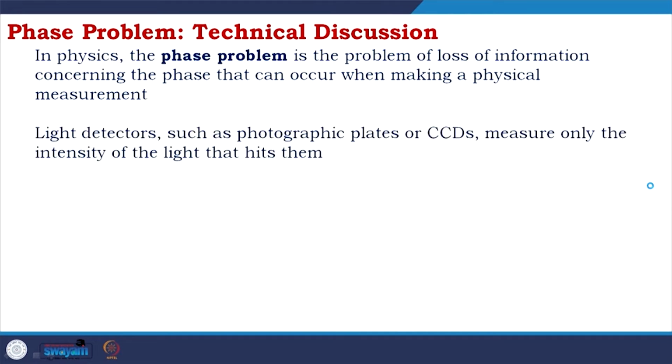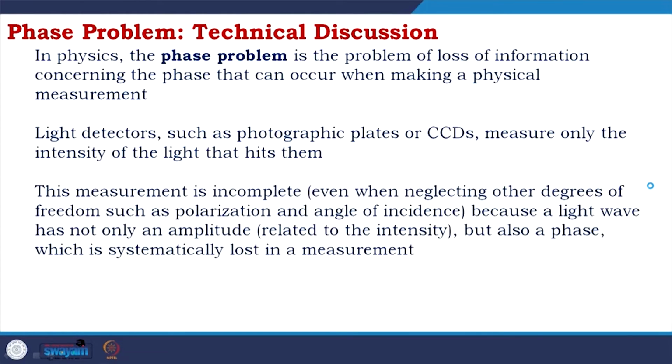Light detectors such as photographic plates or CCDs measure only the intensity of the light that hits them. This measurement is incomplete, and we are even neglecting other degrees of freedom such as polarization and angle of incidence, because a light wave has not only an amplitude but also a phase, which is systematically lost in the measurement.